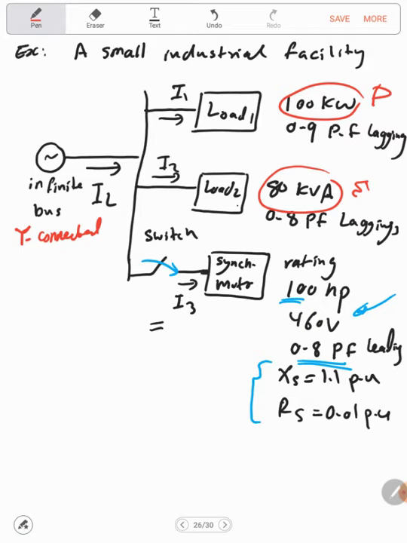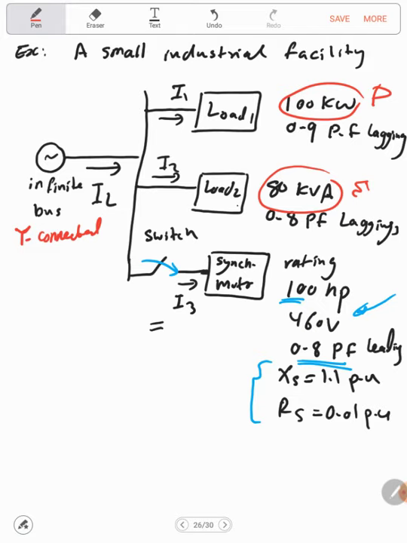The information for load number 1 is the active power and the power factor. So the first one is consuming 100 kilowatt at 0.9 lagging power factor, which can represent induction motor.